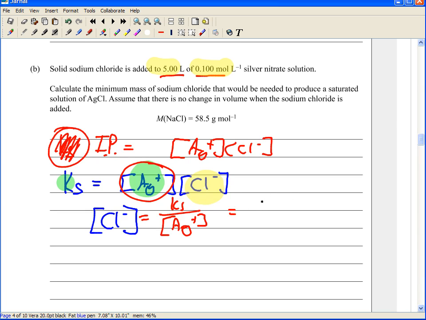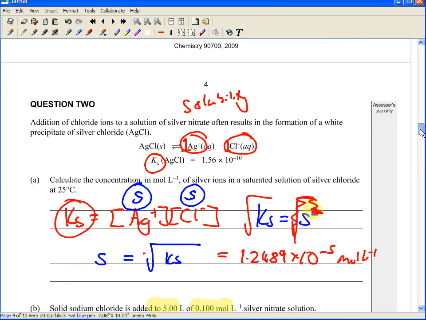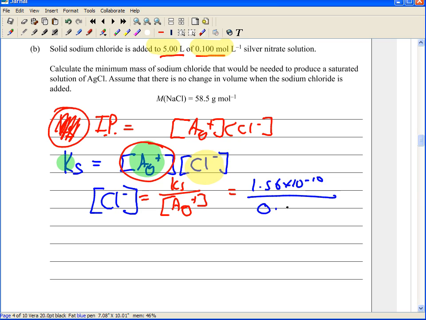Right, so the Ks was 1.56 times 10 to the negative 10, divided by the Ag plus concentration, which is just up there. 0.0100, and that's going to give me 1.56 times 10 to the negative 9, I think it is. No, that's not good. I've made another big mistake. Fixed, that's better.